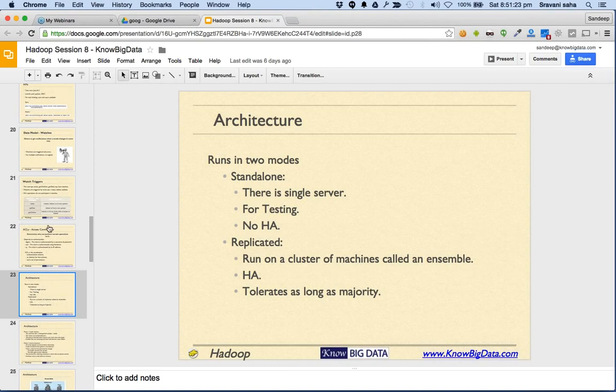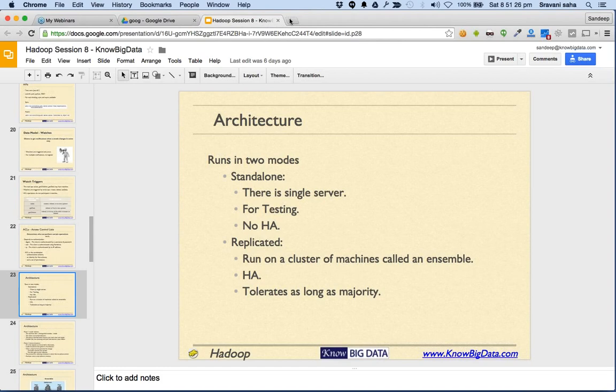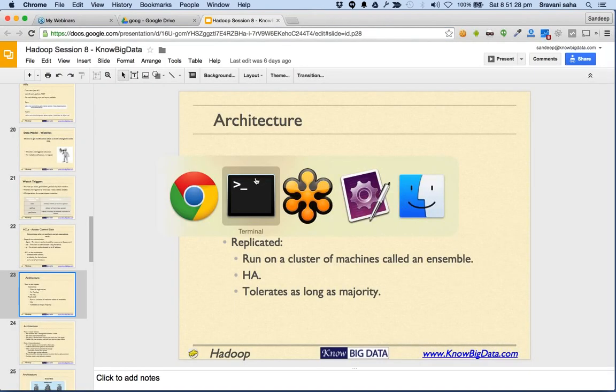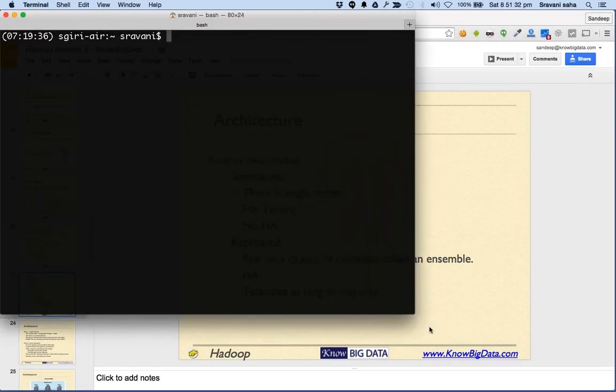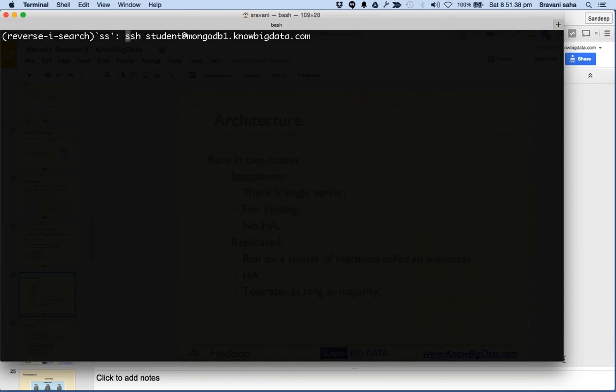The end user, our Zookeeper client, this Zookeeper client which we talked about earlier, I think I'll just run in the terminal. In case you want to run it, you can run it in the browser, but I'll be running in the terminal because it's easier for me to switch between the windows. So let me just SSH student.